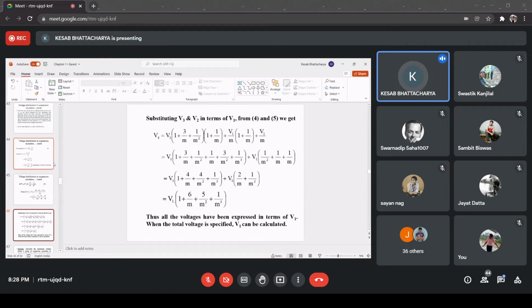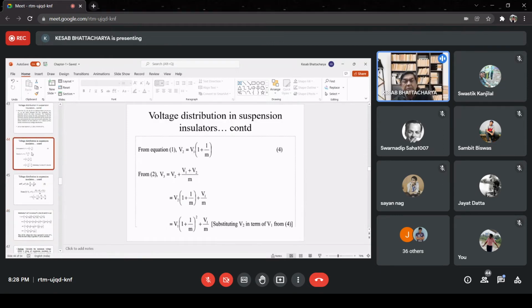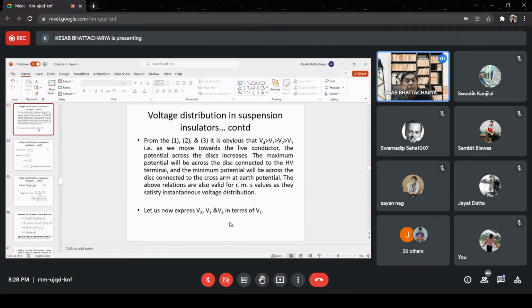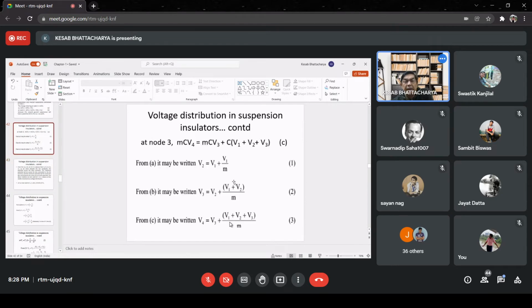Again, going back to the basic expressions for V2, V3 and V4, it is seen that V2 is V1 plus V1 by M. Now, what should be the value of M? Whatever it may be, it cannot be negative.